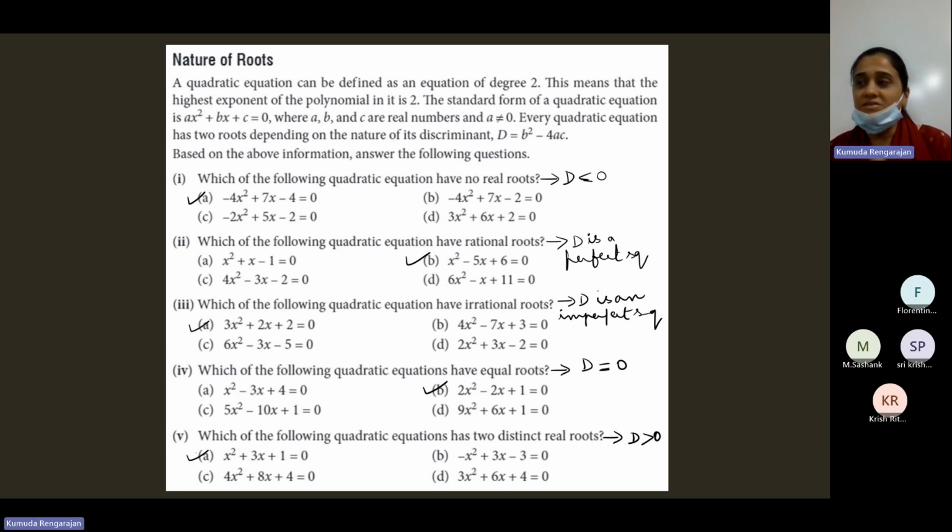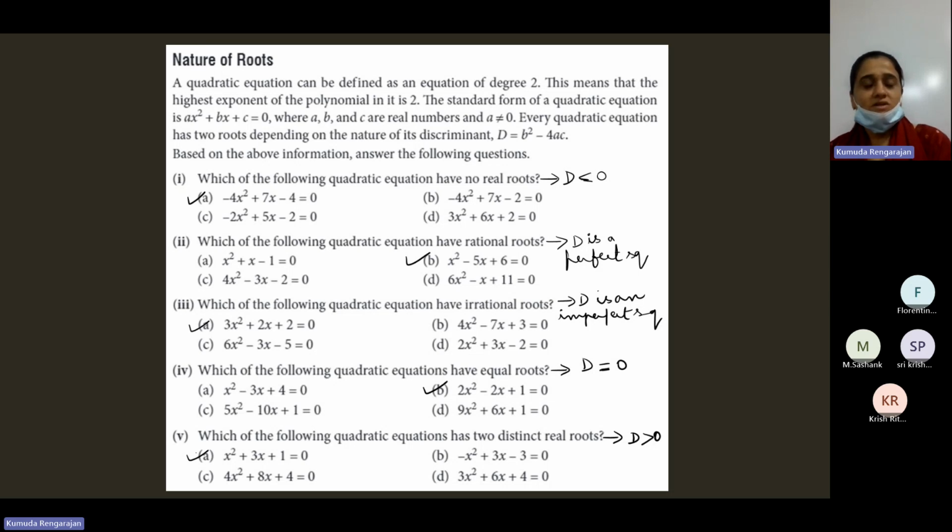Only in B, D is a perfect square, is it? Yes, ma'am. Okay. For rational roots, D must be a perfect square because D is under the square root, square root of b square minus 4ac.